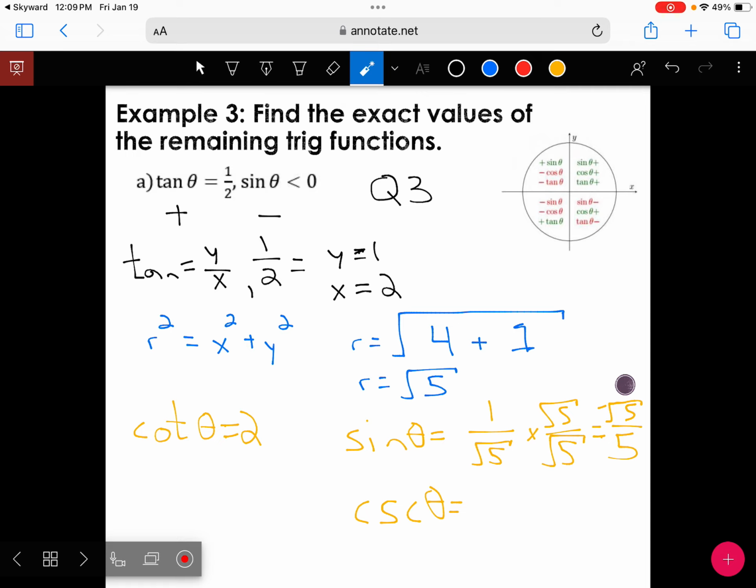You can flip, that's the power of the equal sign. 1 over root 5 is equal to negative root 5 over 5. So flip the one that makes it easier on yourself. So then our answer is going to be negative root 5 over 5. And really I should have gone back and added the negative there. Great.